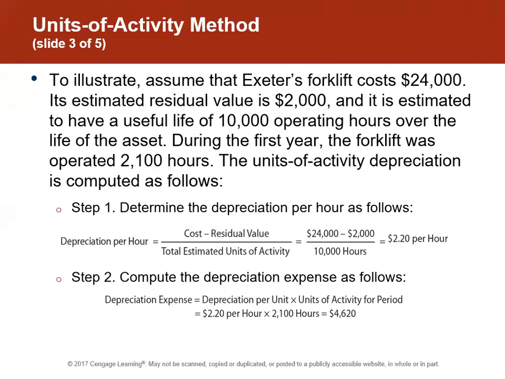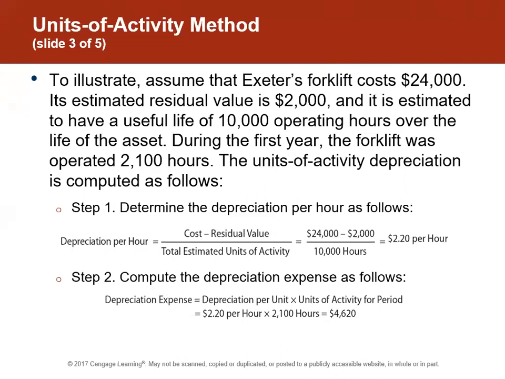So again, we calculate depreciation per hour, or unit. Cost minus residual, 22,000, divided by the total estimated units of activity of 10,000 hours. So this forklift is costing us $2.20 per hour of use. That's depreciation per hour.